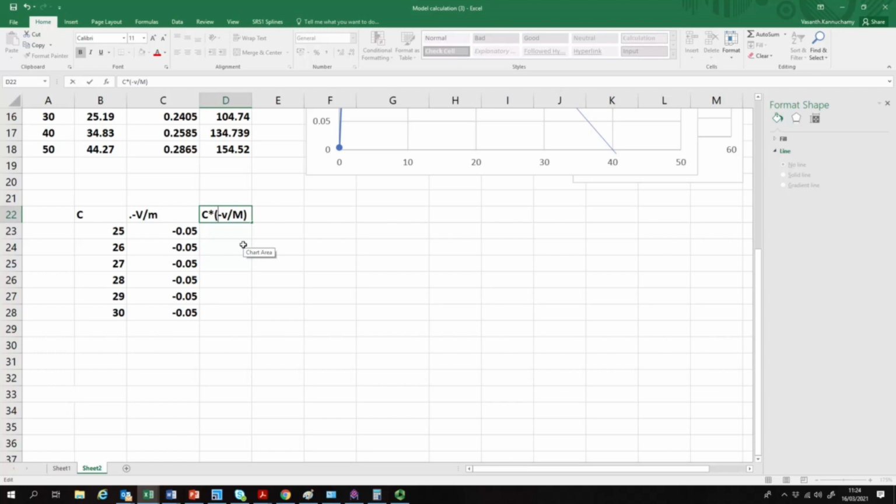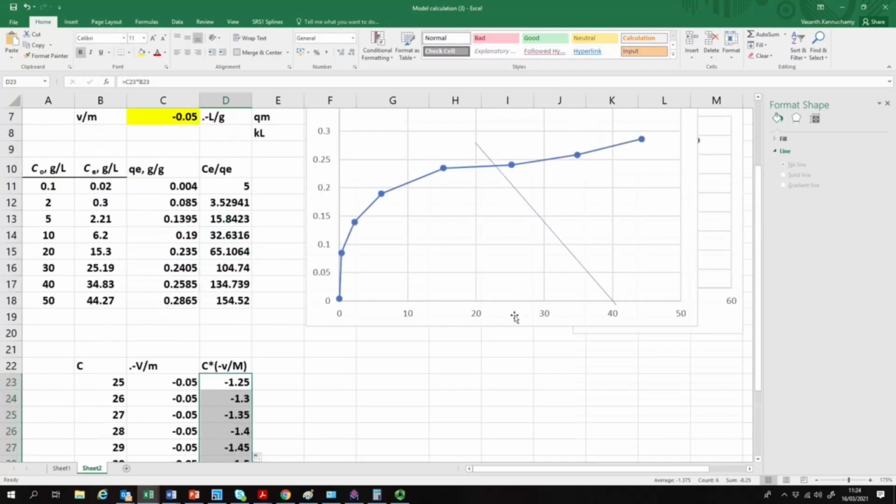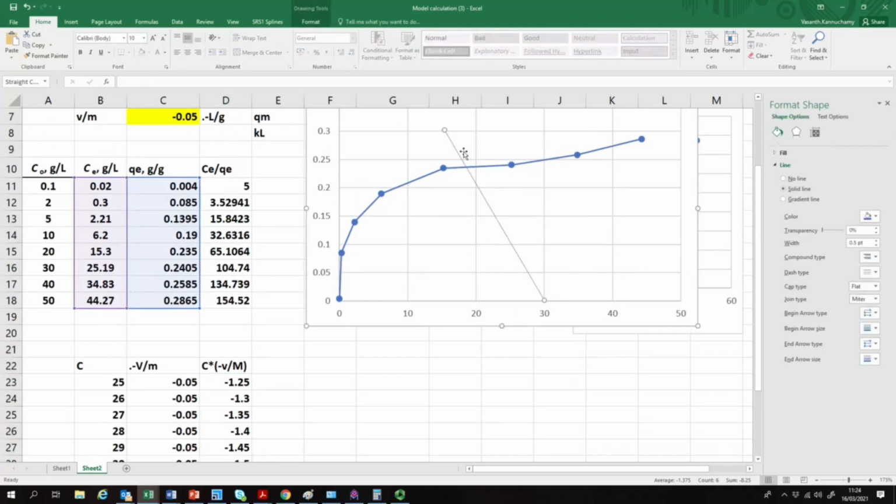Just multiply these two values. Then we are going to draw some operating line starting from 30. It should hit your equilibrium curve, and the slope of this line should be equal to minus V by M. That's part B of your question: draw this operating line with the correct slope value that matches your experimental condition.